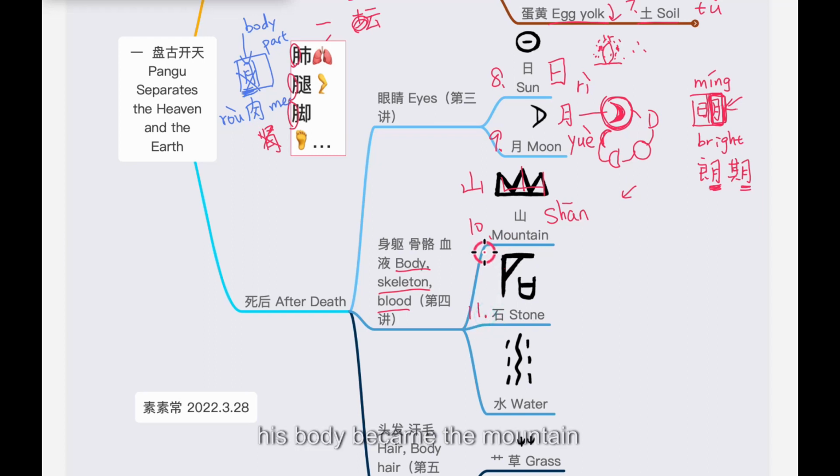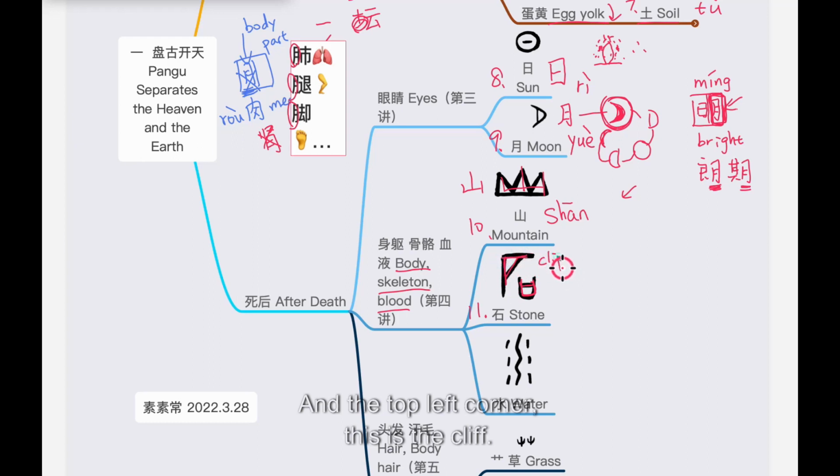His body became the mountain and also the stones. The skeleton became the stones. So this part is the stone. And on the top left corner, this is the cliff. So this character is a stone falling from a cliff.